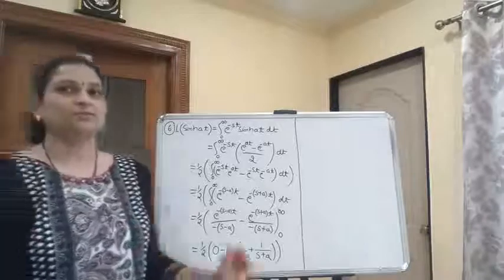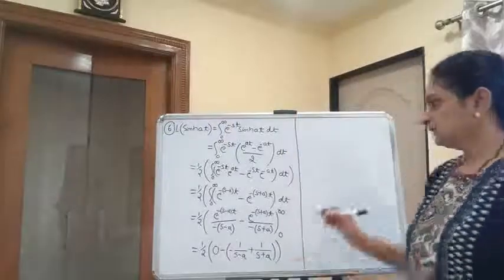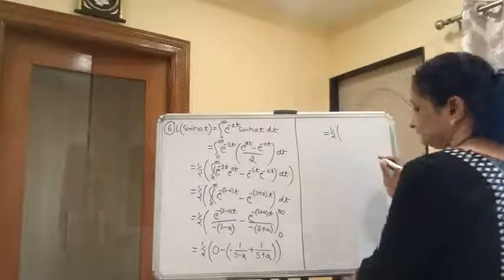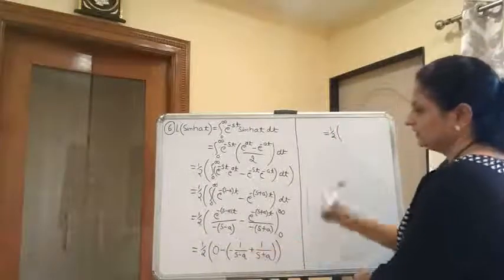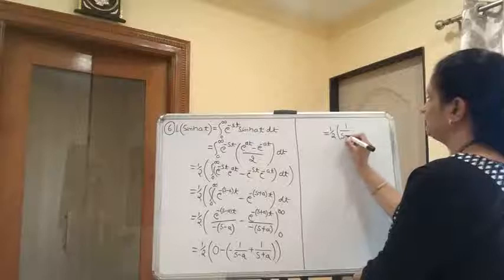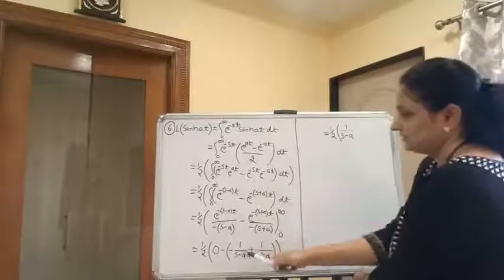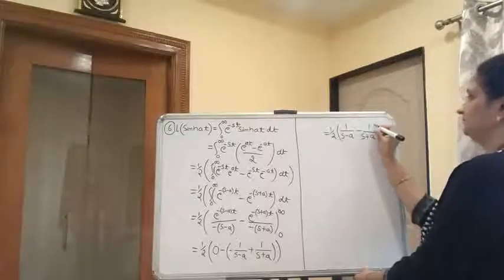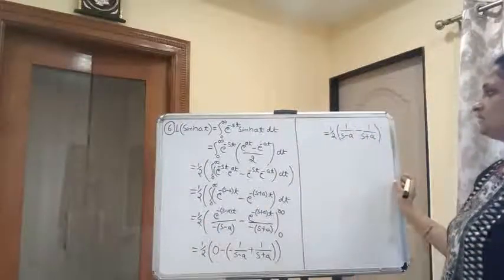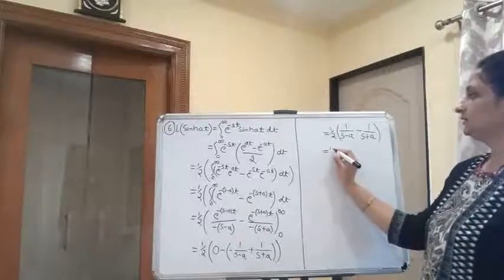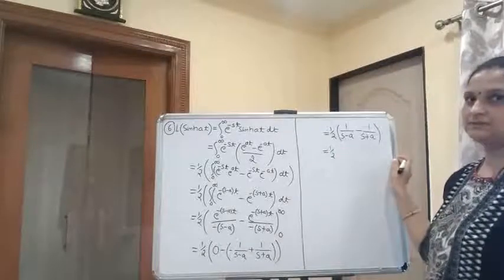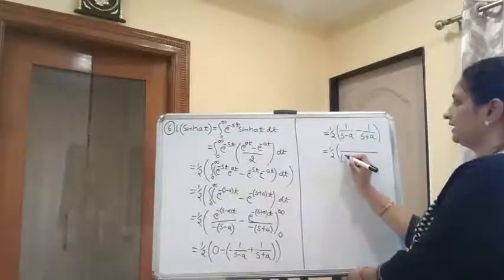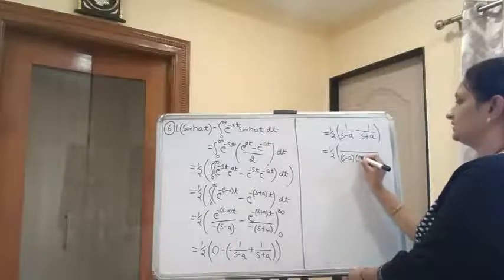Now let us simplify and write the final result. So this is equal to 1 by 2 times minus of minus, so plus 1 by s minus a, minus into plus, so minus 1 by s plus a. Now let us take the common denominator. This is 1 by 2 times. The common denominator is s minus a into s plus a.